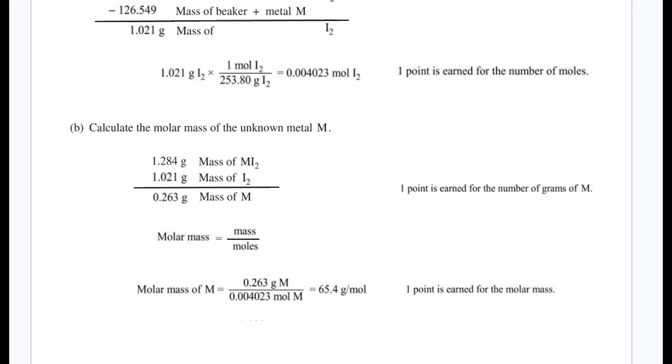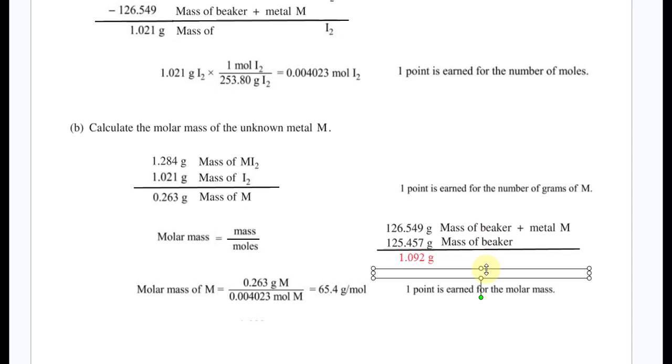I'm sure one of the common errors on this FRQ was where instead of using the mass of the metal by this subtraction, people took the lab data where they had the mass of the beaker with excess metal and the mass of the empty beaker and determined that the mass of metal was 1.092 grams.